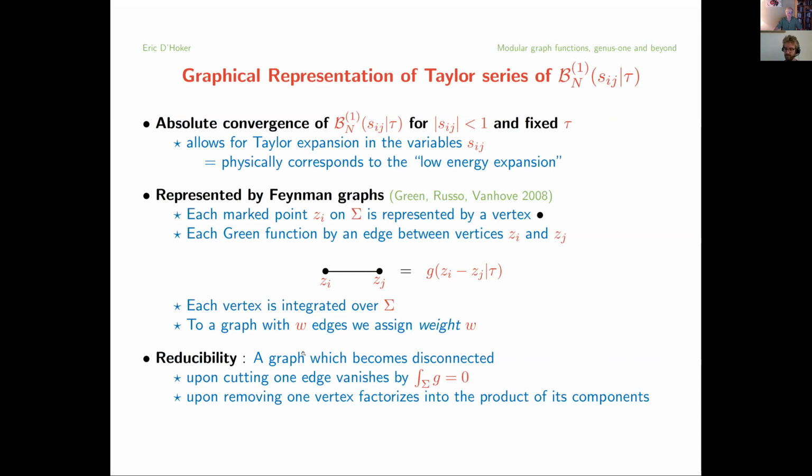Now, graphs can sometimes be reduced. So if a graph becomes disconnected when you cut just one line, then the integral vanishes. And if you remove one vertex, then it factorizes into the products of components. So we're going to just consider these irreducible parts.